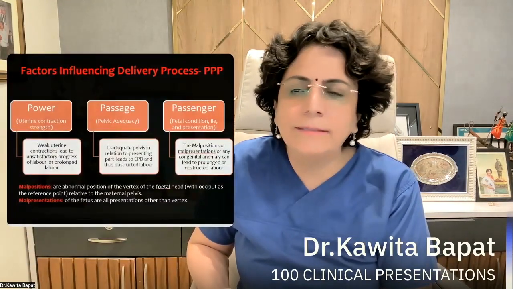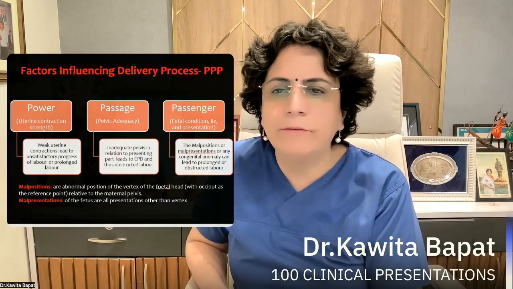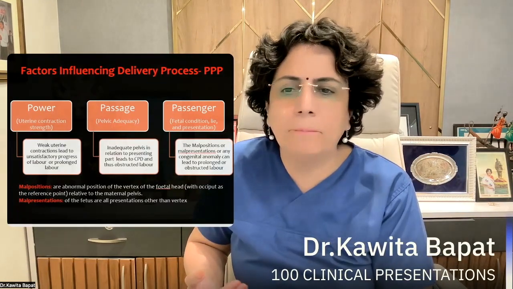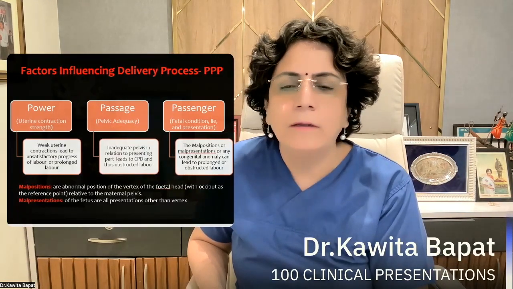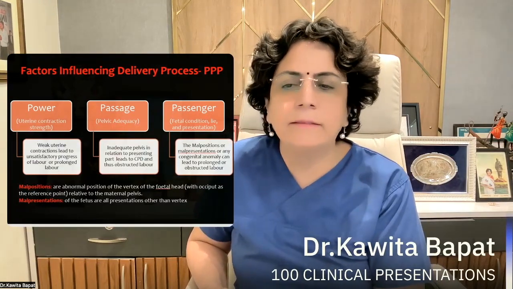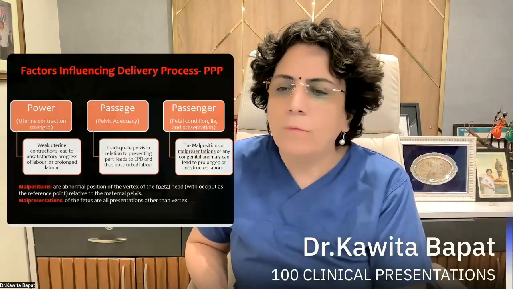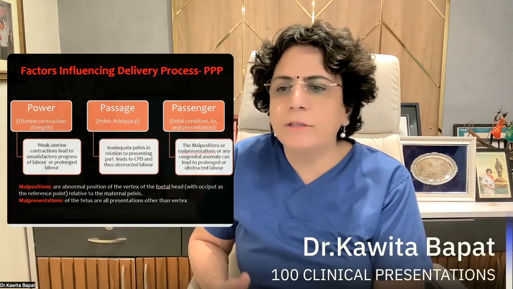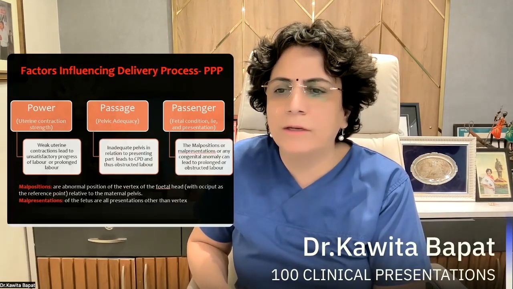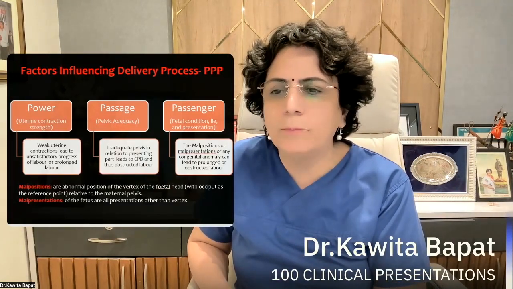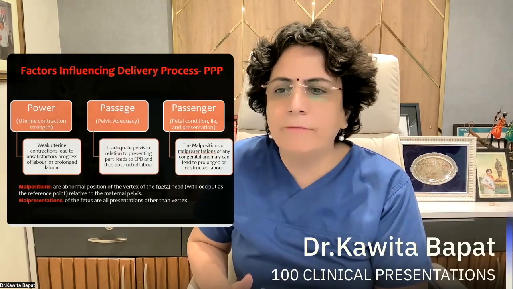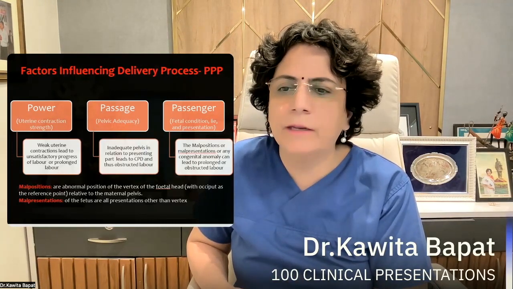Now, these are the factors which influence delivery, and we call them the three Ps. One P is power, another P is passage, and the third P is passenger. Weak uterine contractions lead to unsatisfactory progress of labor, or represent prolonged labor. Now that's the pelvis, this is the passage, the pelvic adequacy.